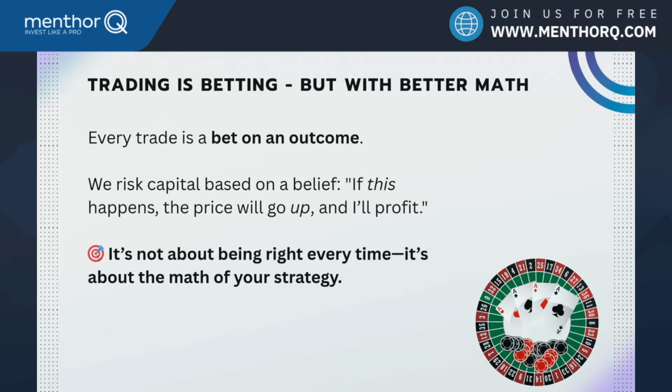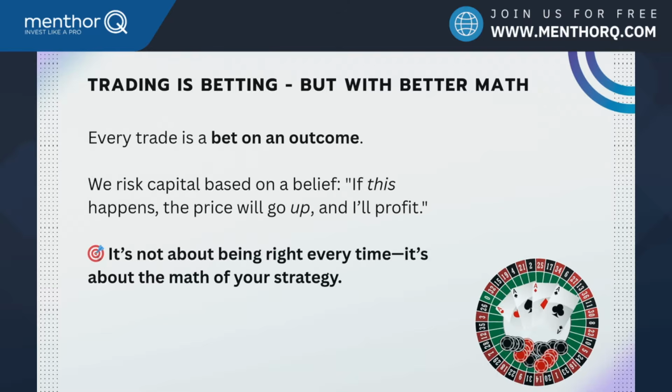There's nothing really different from playing poker or betting, except that we're using math and data to potentially have a better outcome. The key here is not about being right every time, but about the math of your strategy. Your strategy has a chance of success, and your job as a trader isn't to be accurate 100% of the time, but to pick a strategy that has strong odds of success, and you can improve those odds by adding filters or data, and also by reducing losing trades.